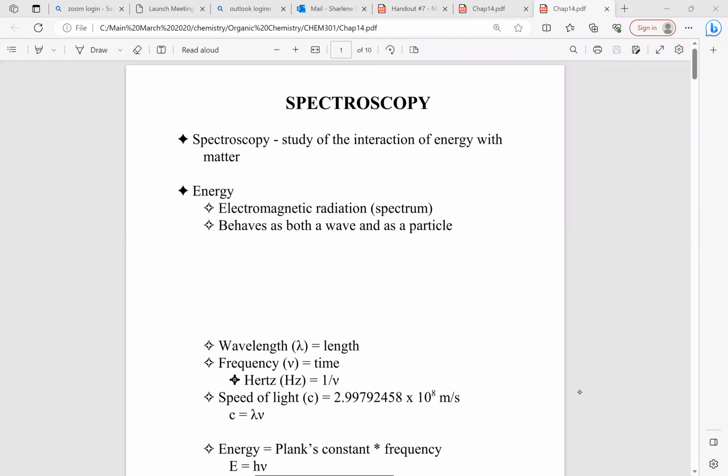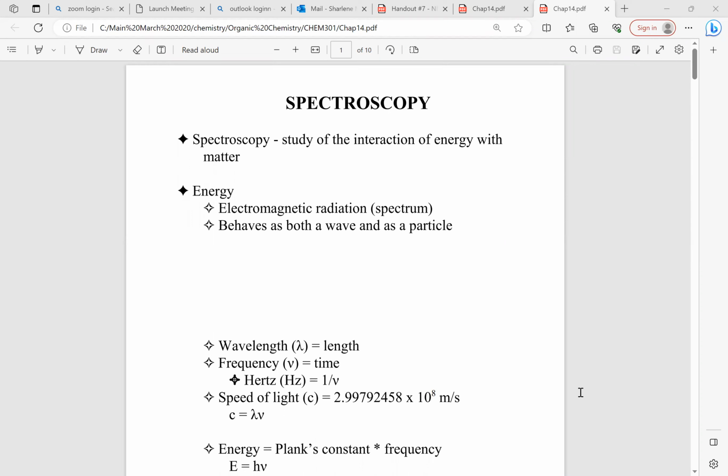All right, so just a little background on NMR first. We've already talked about mass spec and we've already talked about IR. Generically, remember, spectroscopy is just the study of the interconversion of energy with matter. IR was dealing with the vibrations of matter, and we could see those vibrations for different functional groups. I put a little blurb here as a reminder, from physics class or Gen Chem class: energy is the electromagnetic radiation spectrum, and we're only going to use part of it.